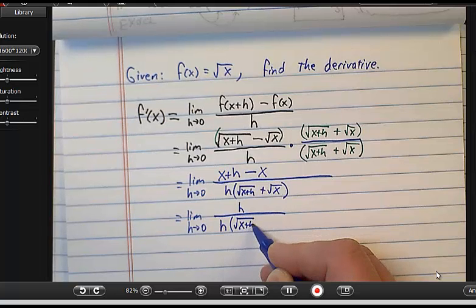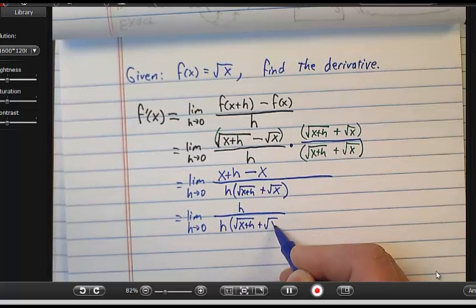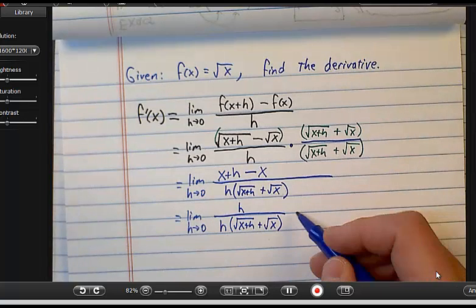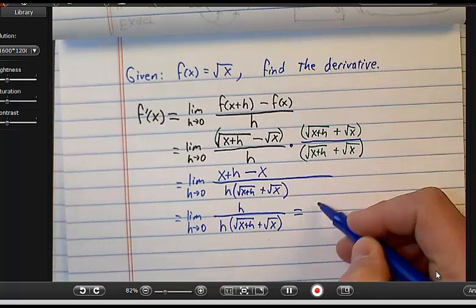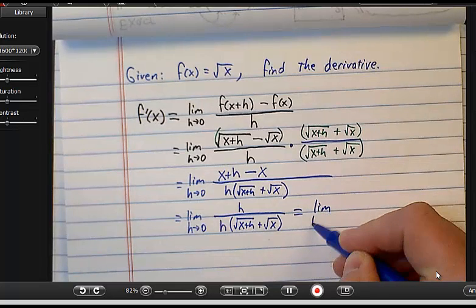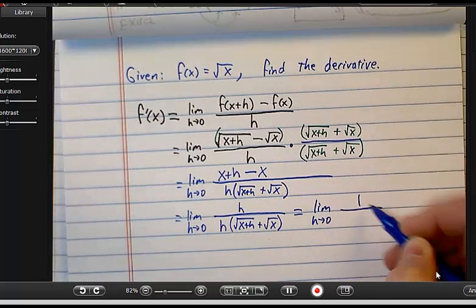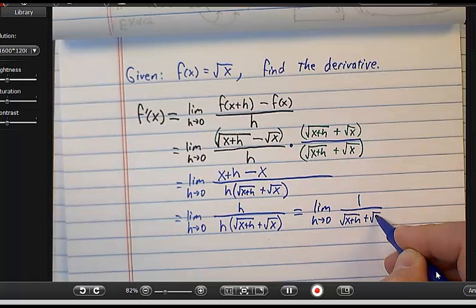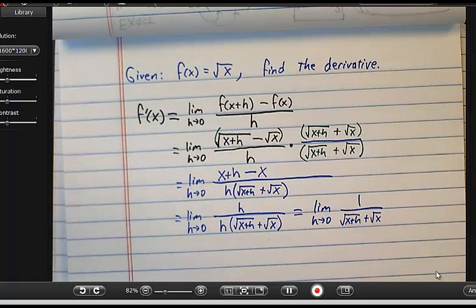What are we going to do next? Did someone say, get the h out of here? Yes. So it's going to be 1 in the numerator, and you get the square root of x plus h plus the square root of x in the denominator. Now can I take the limit as h approaches 0? Yes.